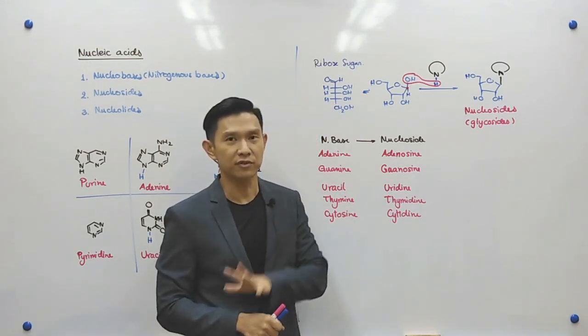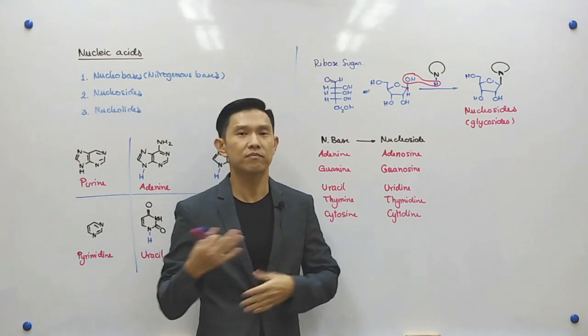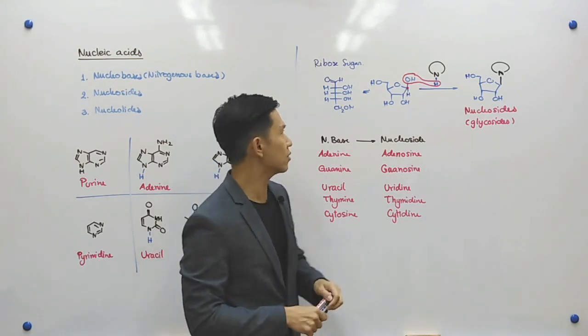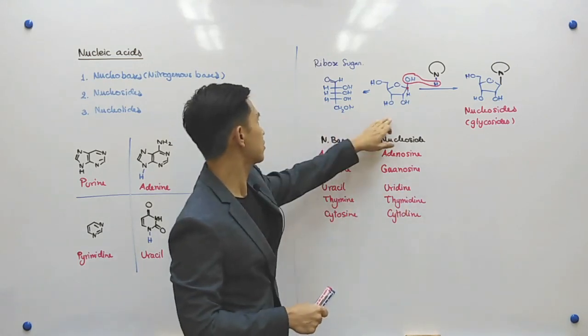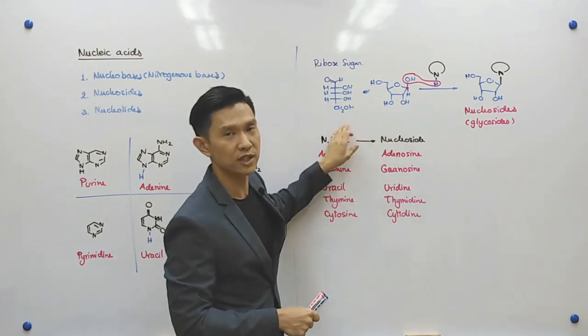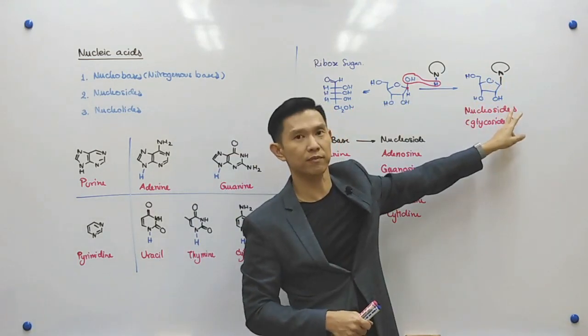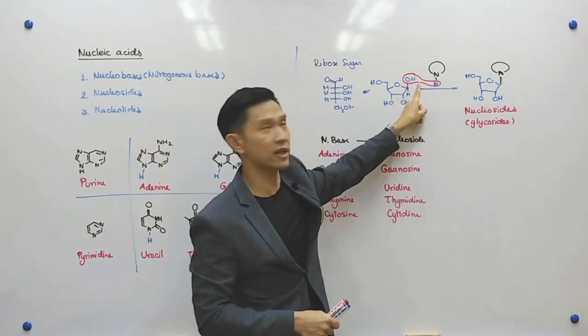If you can still remember the theory of monosaccharide and everything, you know that this one undergoes equilibrium between the open chain structure and the cyclic structure. But after you make the glycosidic linkage over here, you lack the OH.